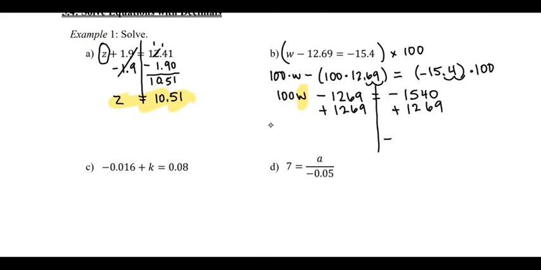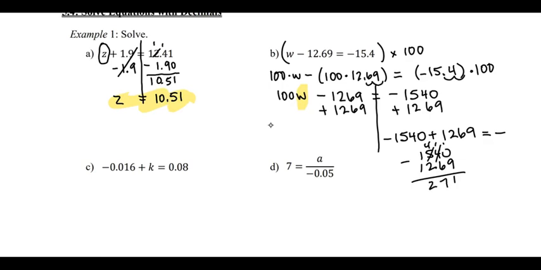So what I have is negative 1540 plus 1269. Negative 1540 is the bigger number, so the answer is going to be negative. Then I need to find the difference between 1540 and 1269. 1540 minus 1269: I have 13 minus 6, that gives me a 7. 4 minus 2 is a 2.